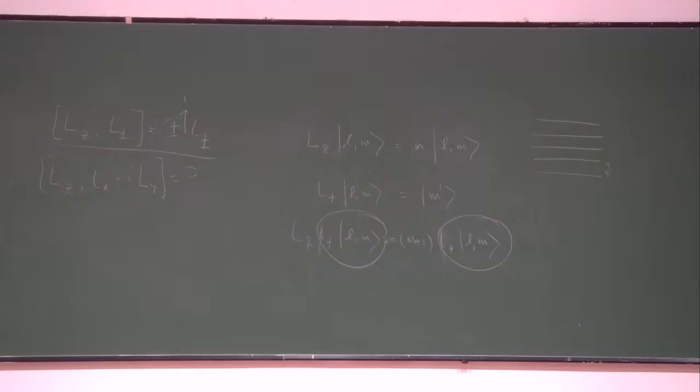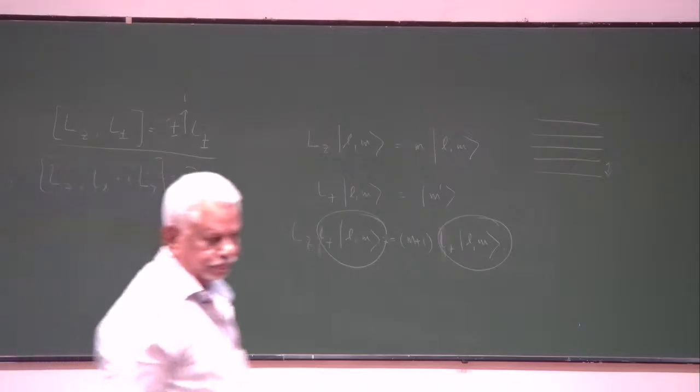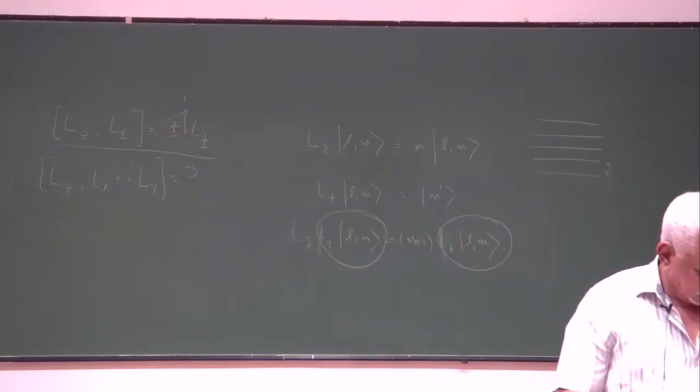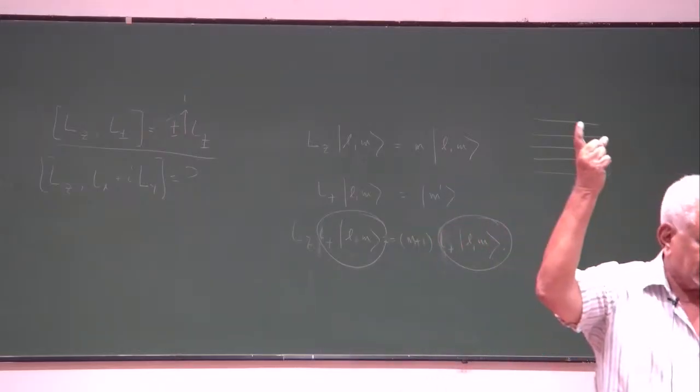Now unlike the case of the harmonic oscillator, for this case it should stop at some point. It cannot go on, and that is a very simple result coming from the fact that the eigenvalues of Lz cannot go beyond L, the value L which you started with, where L is connected to L square.